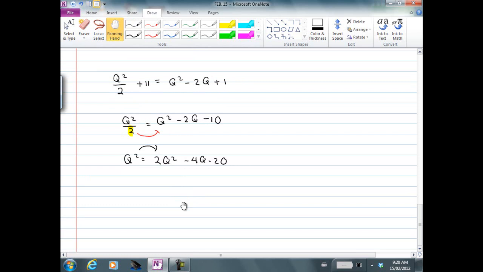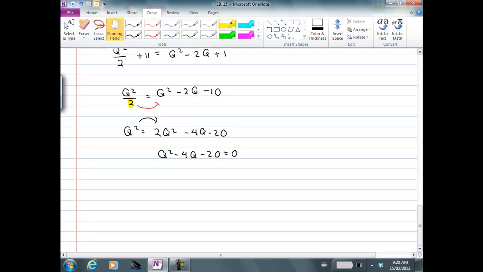That's the key. Oh, sorry. I'm going to move that q squared over. That gives you q squared minus 4q minus 20 equals 0. The reason why is I have a q squared and a q term, like that.